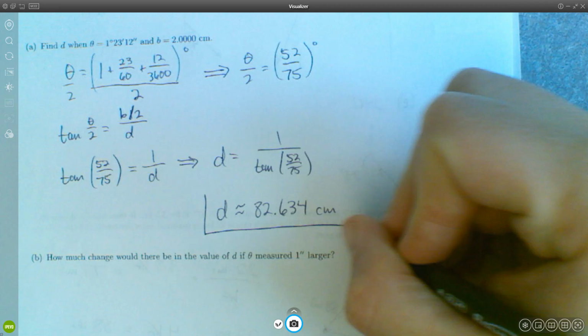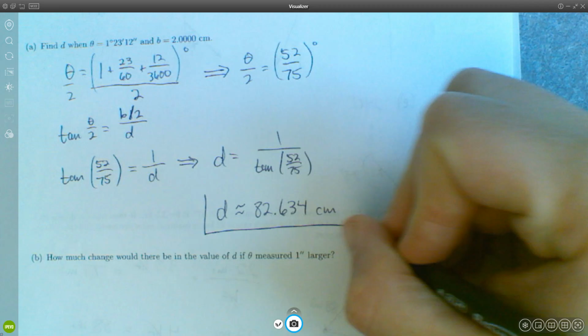So there's that one. Part B says, how much change would there be in the value of d if theta measured 1 second larger? So if theta were 1 degree, 23 minutes, and 13 seconds, then theta over 2 is going to be how much?